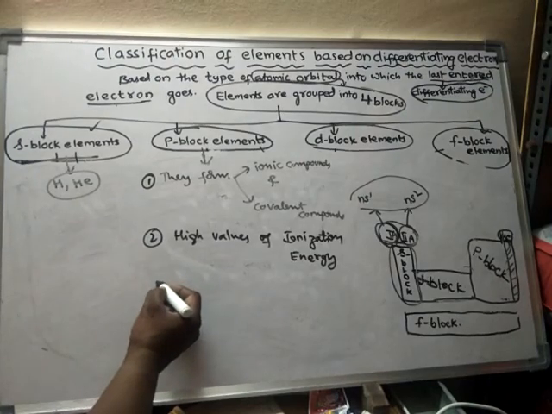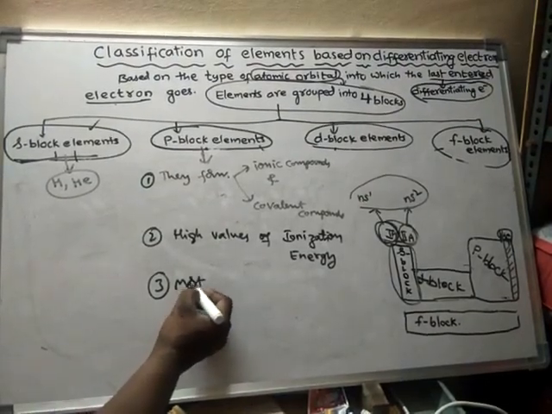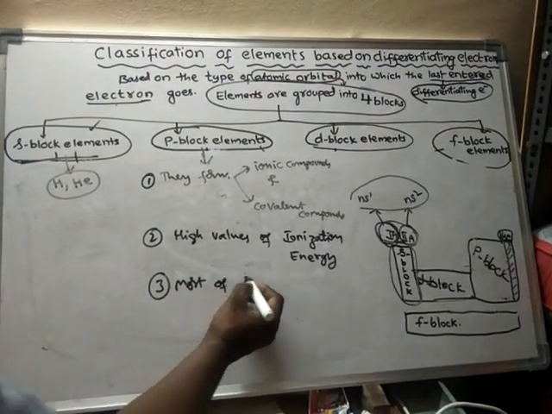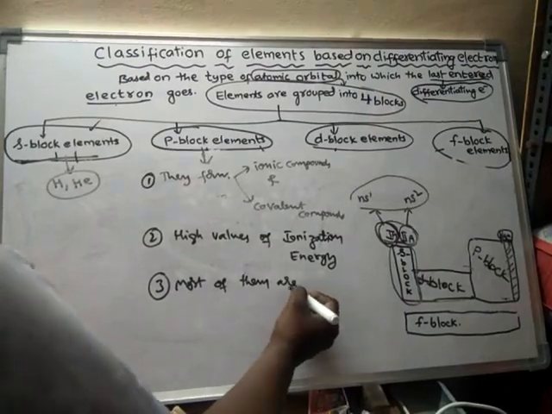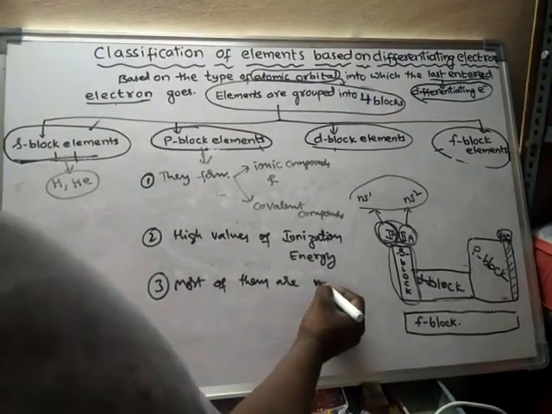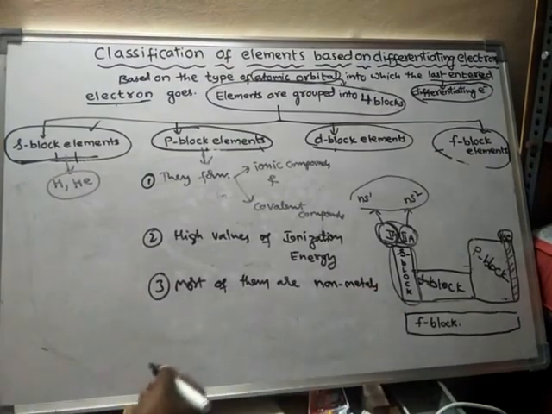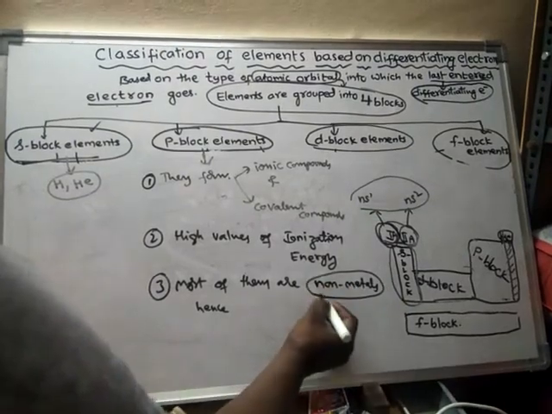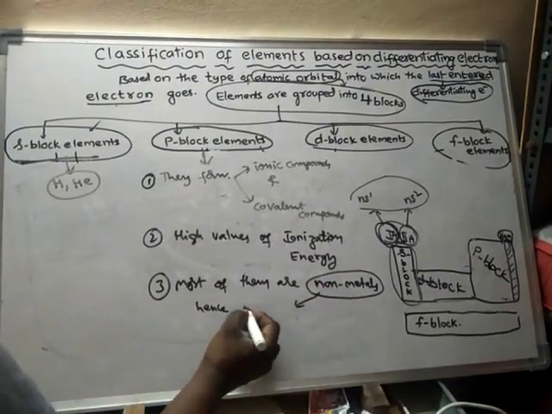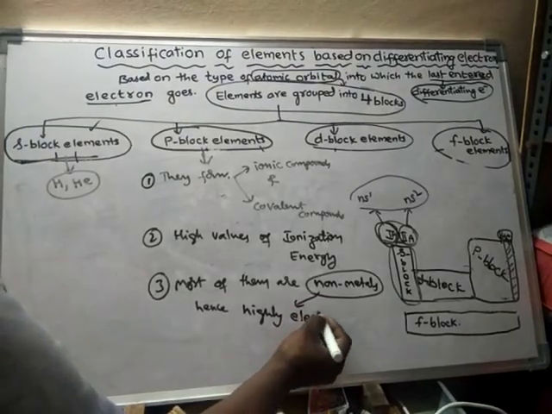Most of the P block elements are non-metals. Non-metals means electronegative, hence highly electronegative.